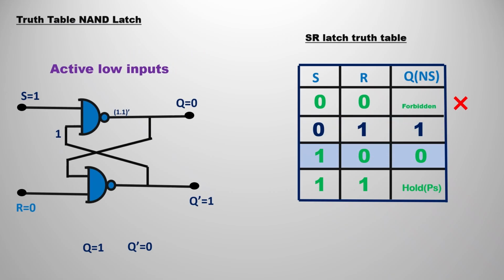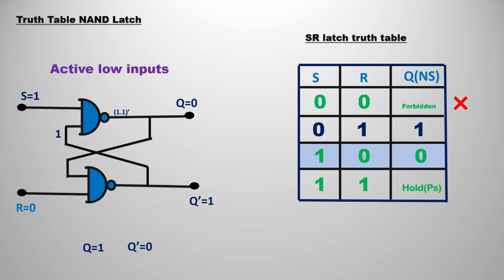The next thing we are going to see is passing 1 and 0 as S and R, and we are going to verify Q and Q bar. Here also, when one of the inputs is 0, the whole output would be 1. We already know the NAND gate formulas. We are going to start with R because here R is 0, which I have highlighted in blue color also. So we don't care about the second input. We simply obtain Q bar as 1.